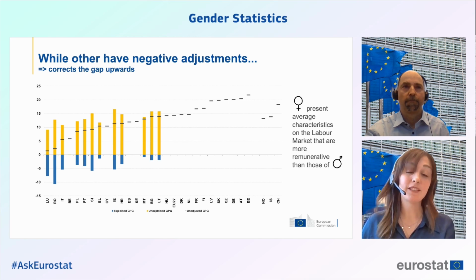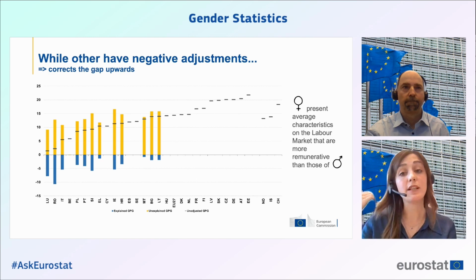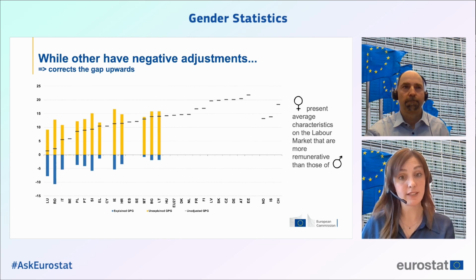This is the case in particular for countries where women with lower education and skills refrain from entering the labor market. They don't engage, especially when there are few job opportunities, what we call the self-selection effect. When this explained gender pay gap is negative, it corrects the gender pay gap upwards. So the unexplained results higher than the unadjusted.